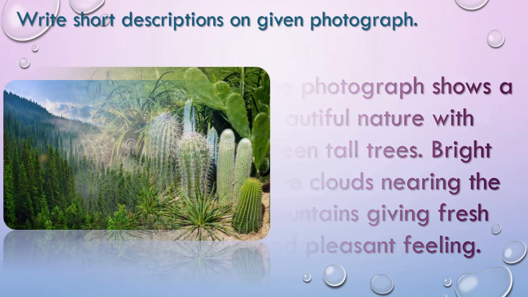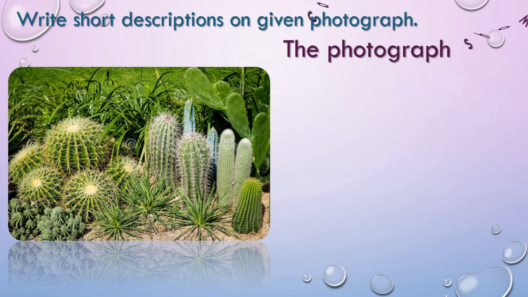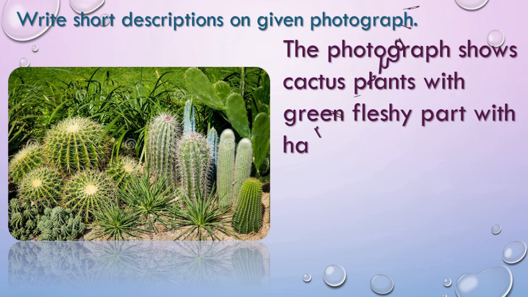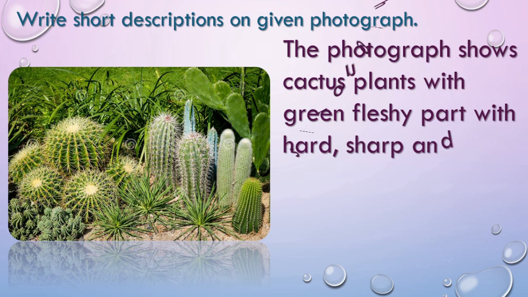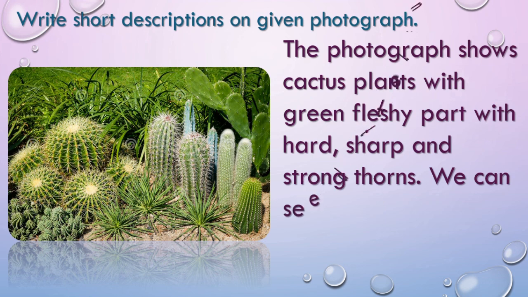Okay, one more. See this picture. Greenery all over, right? Let us write something about this. The photograph shows cactus plants. You know the name, right? Cactus plants with a green fleshy part with hard, sharp and strong thorns.